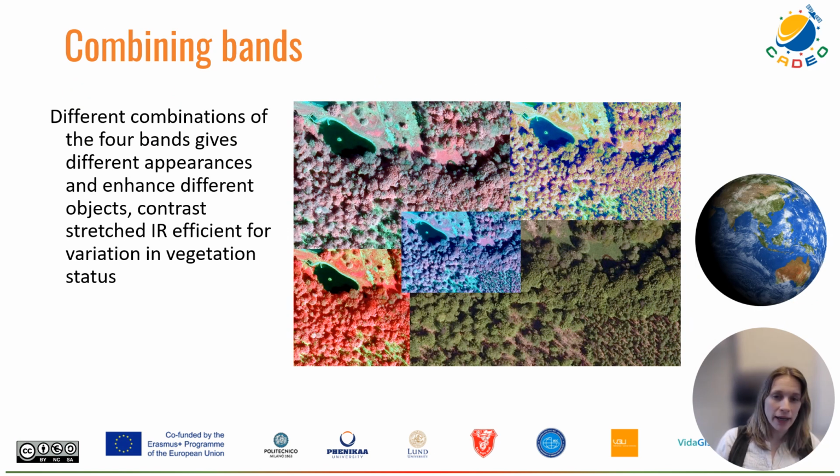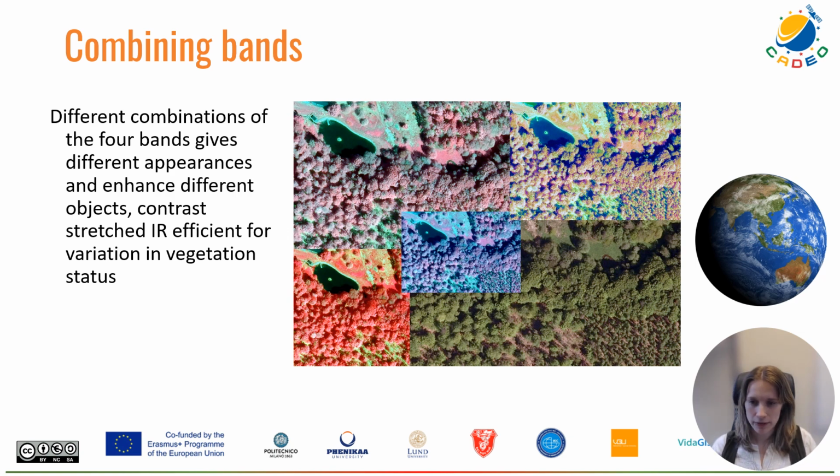Then you can also combine these bands, and combining them gives the image different appearances, and it can enhance different objects. So here I've just put together the same area but with different band combinations.